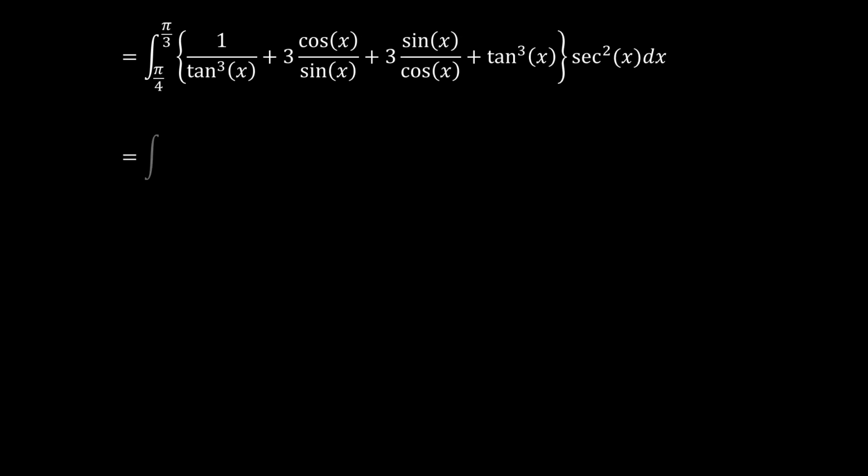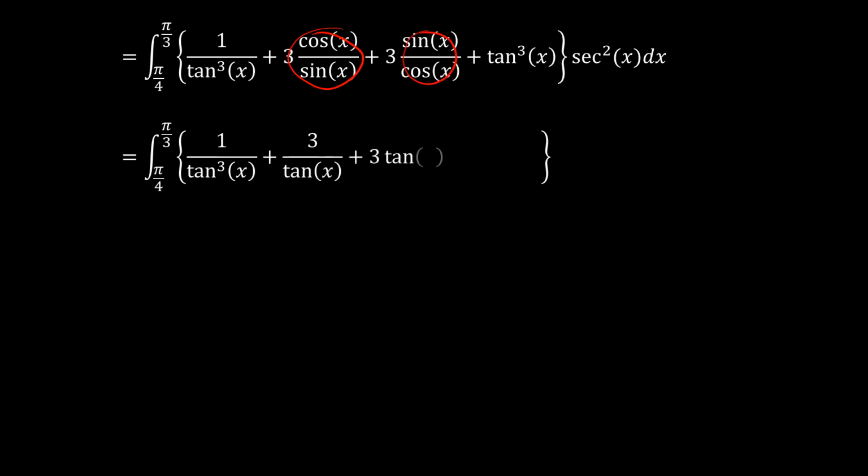Right. And as we proceed, this part here is the same as 3 over tangent x, this part here is the same as 3 tangent x, and this part here is obviously just tangent cube x.